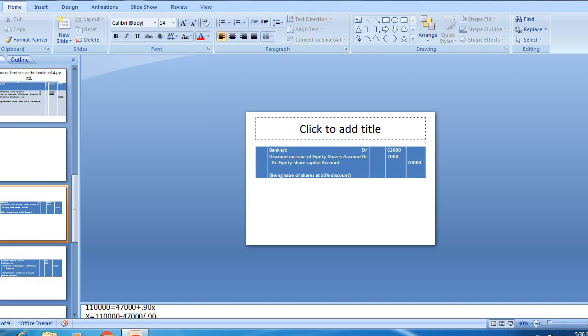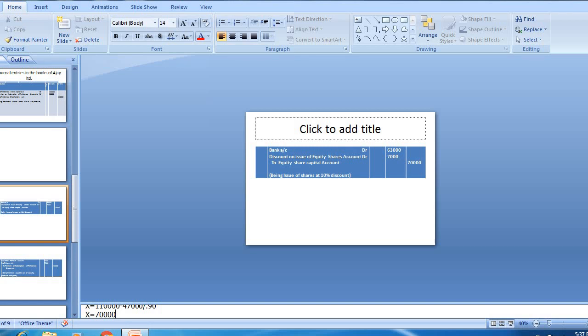Sorry, 10% of x, which is 0.10. 1 minus 0.10 comes to 0.90x. Then 1,10,000 minus 47,000 divided by 0.90 comes to 70,000. So the total amount of equity shares required to be issued is 70,000.